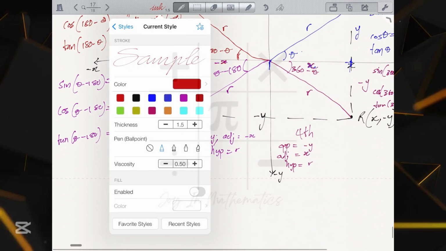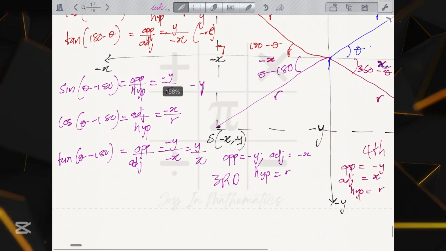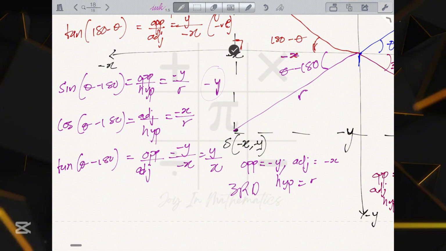In the third quadrant, we can see that sine theta minus 180 is negative, cos theta minus 180 is negative. However, tan theta minus 180 is positive.